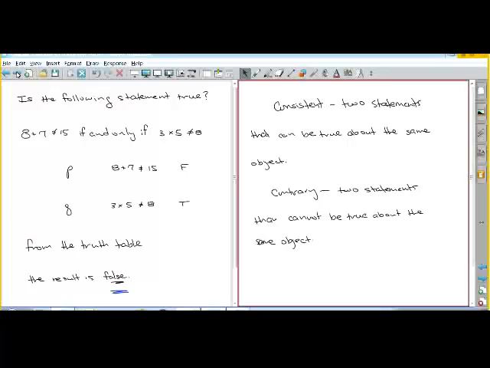But in general, if you just look at two statements, whether they're part of a conditional statement or whatever it is, consistent means that the two statements can be true about the same object at the same time. Two statements that are contrary cannot be true about the same object. So I'm going to use two examples, two statements that are consistent and two statements that are contrary.